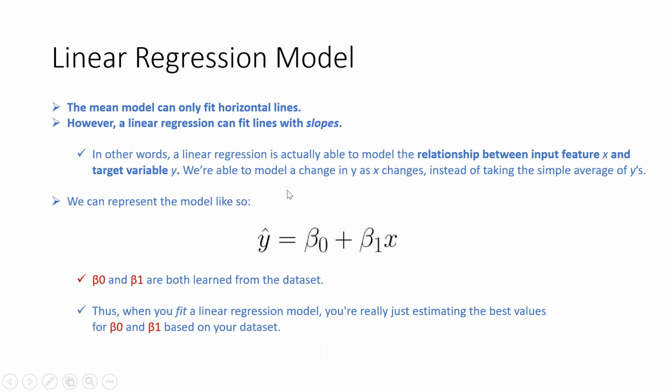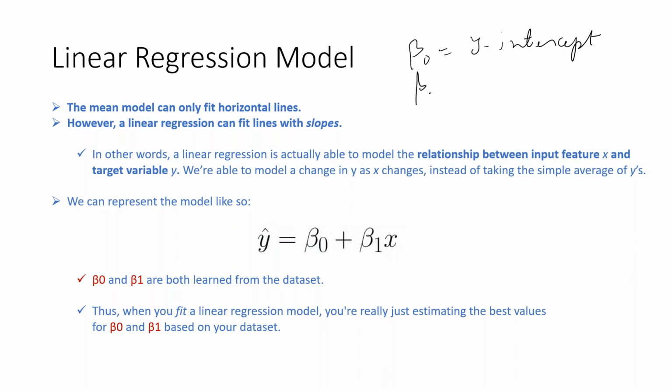This is the mapping function we use in a simple linear regression model. Beta 0 and beta 1 are both learned from the data set. Based on the x and y data that I give, it will learn and, for the best fit line, tell what beta 0 and beta 1 are. These are sometimes called model parameters. But what is beta 0? Beta 0 we call the y-intercept.